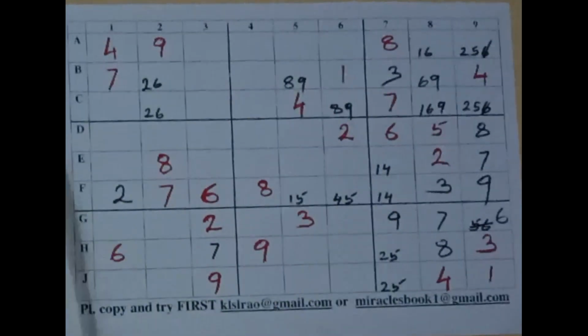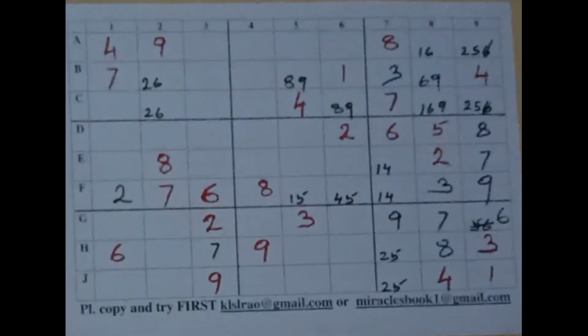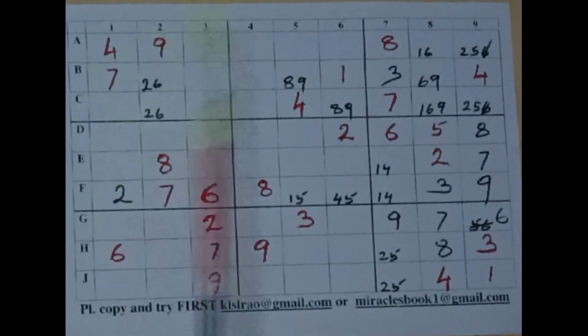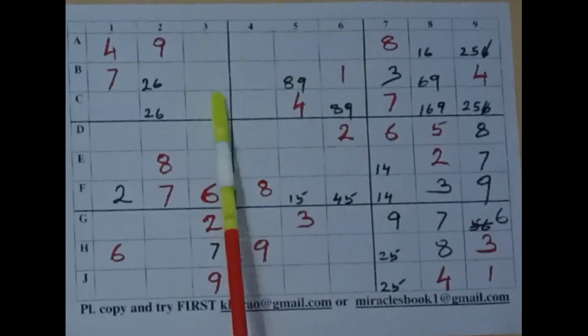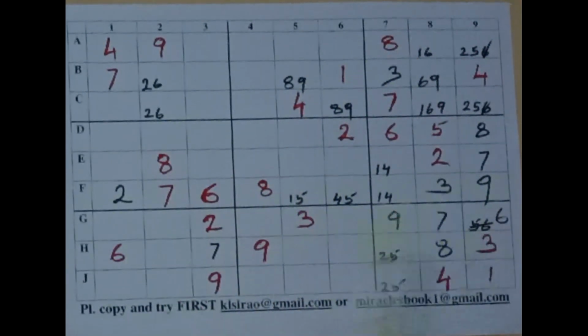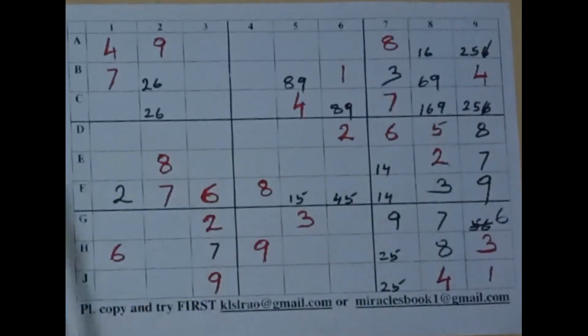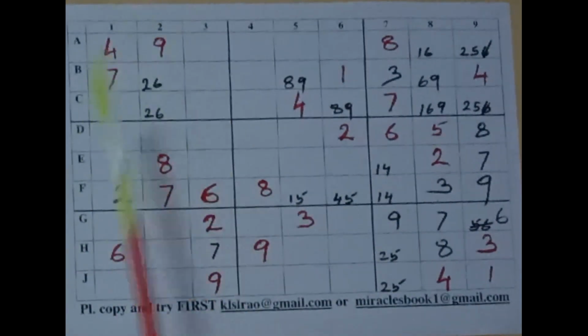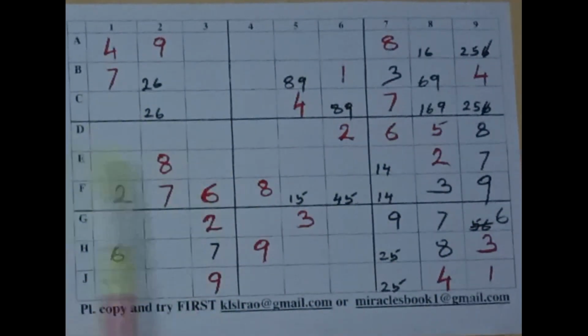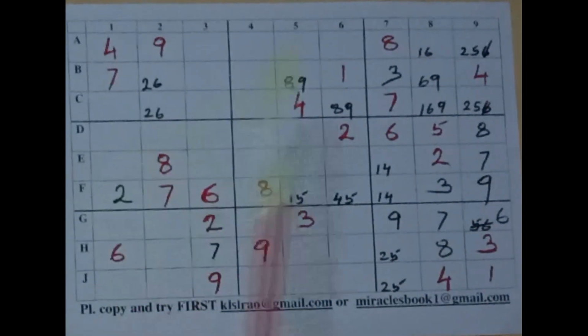Now let us quickly look at the boxes. This we have examined. Here we have also first seen that also. Let's see this box. This box. 1 missing, 2, 3, 4. No, 4, 5. I'm going a little fast. Don't mind that. 5, 6, 7, 8, 9.